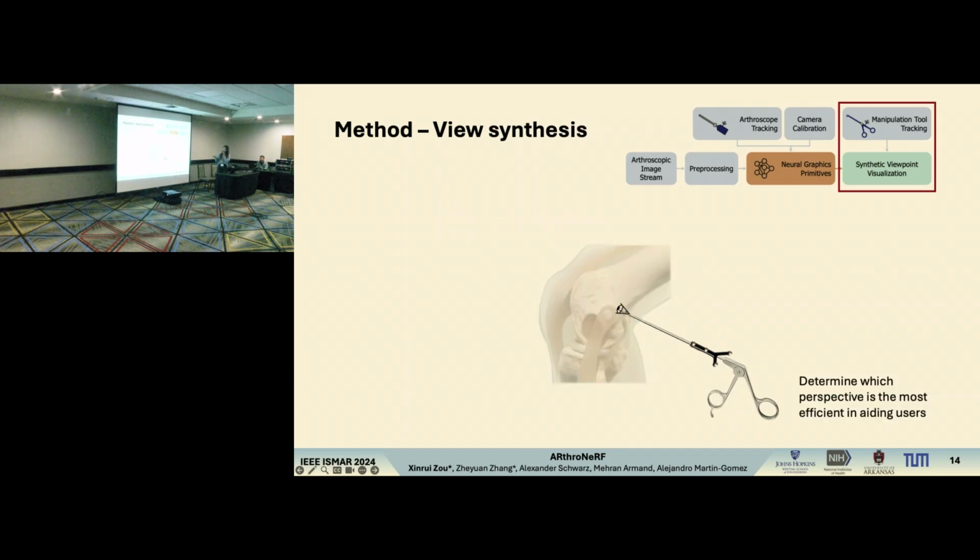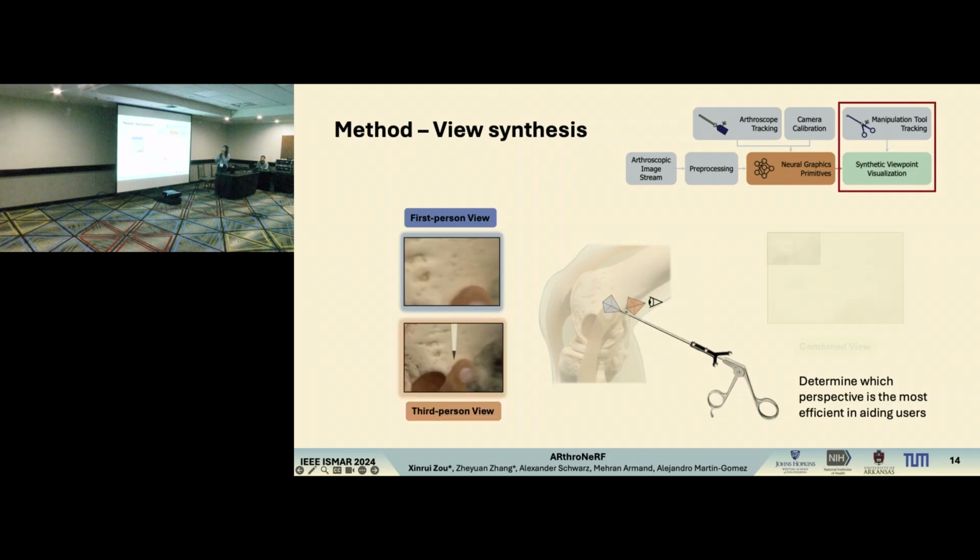And we actually provide 3 different viewpoints. So we provide a first-person view, where the virtual camera is positioned at the end of the tooltip. And we also provide the third-person view, where the virtual camera is positioned 3 centimeters away at 45 degrees relative to the tooltip.